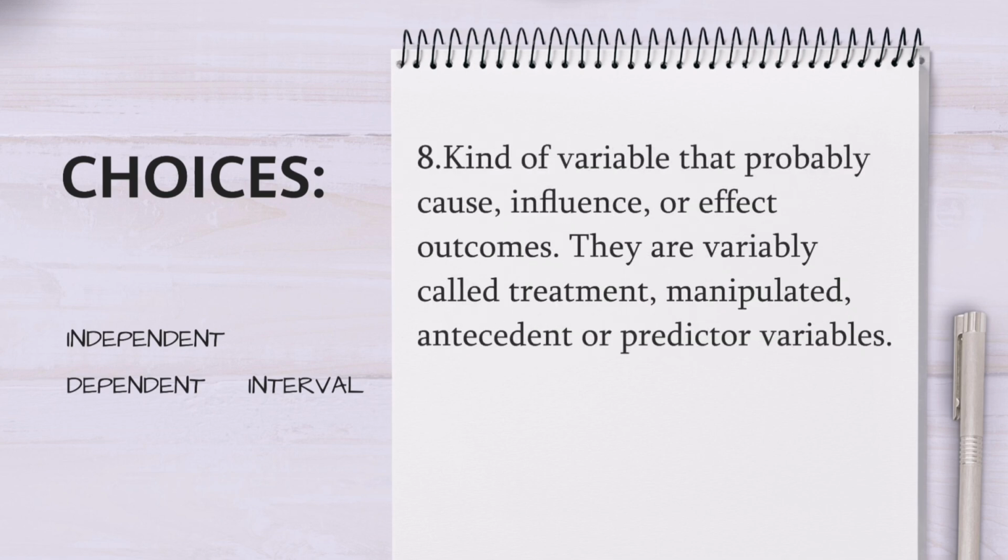Kind of variable that probably cause, influence, or affect outcomes. They are variably called treatment, manipulated, antecedent, or predictor variables. They are your so-called independent variables.